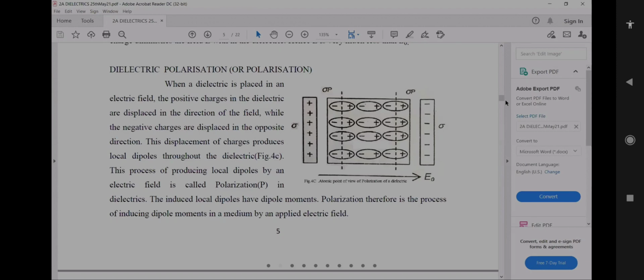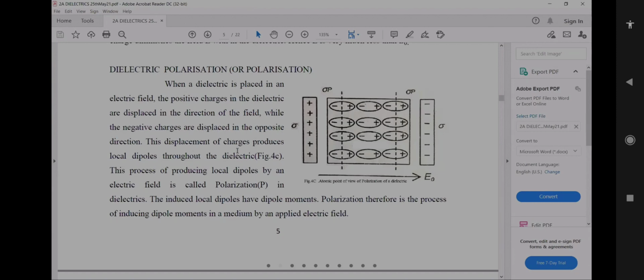Now coming to dielectric polarization, or polarization. See this: when a dielectric is placed in an electric field, the positive charges in the dielectric are displaced in the direction of the field, while the negative charges are displaced in the opposite direction.